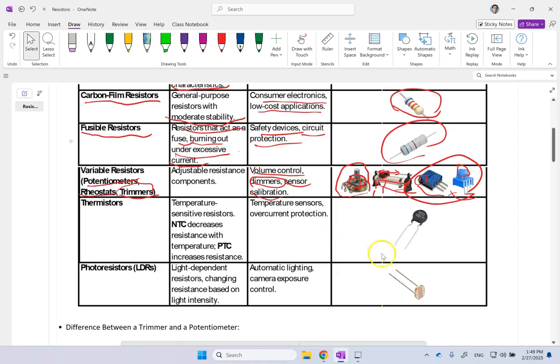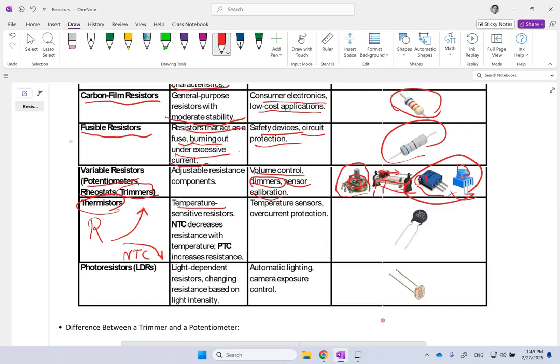The next group you have is called thermistors. Thermistors are the ones for which the resistance changes with temperature significantly. Now, either the resistance with temperature goes up or it goes down. If their temperature goes up and resistance goes down, we call it NTC, negative temperature coefficient.